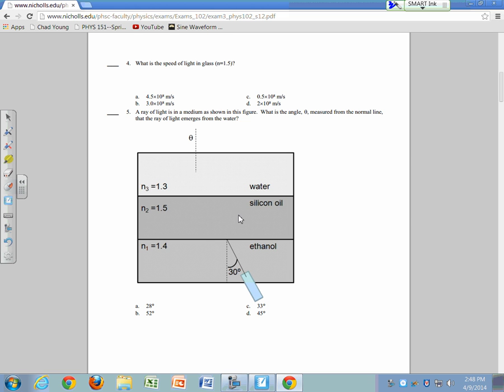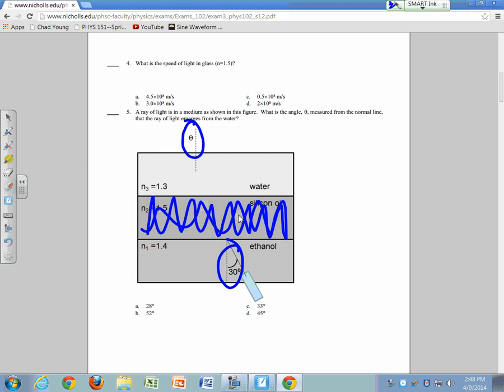It's really simple though, because I give you this angle right here, and I just want to know this angle. It looks complicated because it has these three media. You don't have to worry about this at all. It's like this doesn't even exist. It comes out just mathematically. I can say that n1 sine theta 1 equals n2 sine theta 2, right?